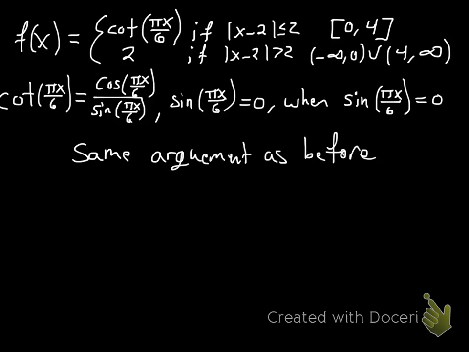Sine of pi x over 6 is equal to 0 when pi x over 6 is equal to k pi. After this, it's the same argument as the last one.